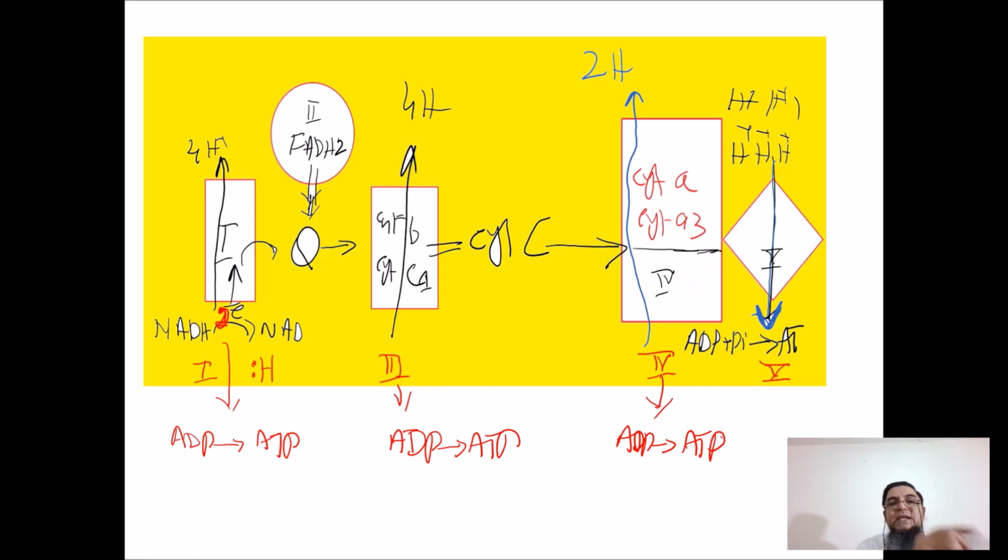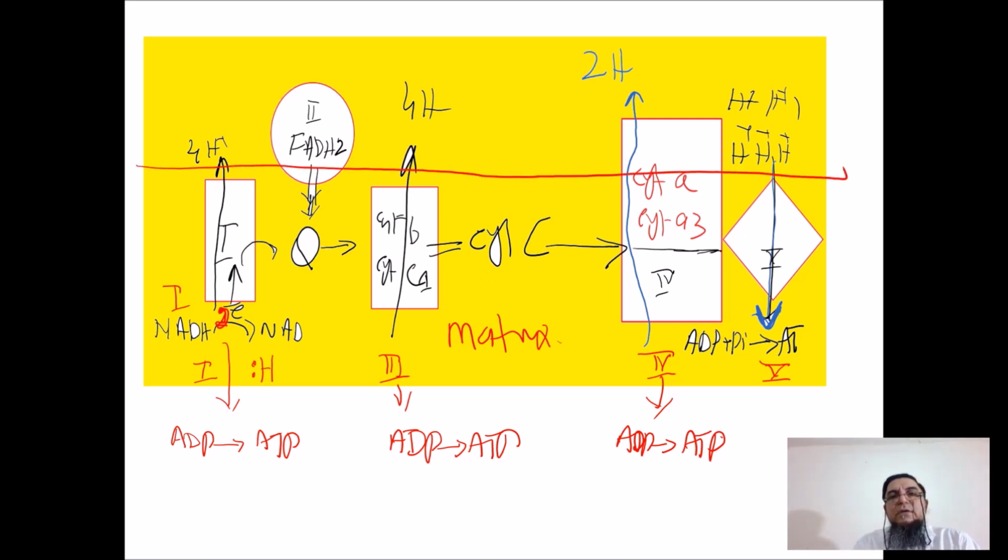So it will look like this. Say, for example, complex 1 will pump. So this is the matrix, and this is the outside, the intermembrane space. So complex 1 will pump hydrogen outside, so more hydrogen in the intermembrane space.